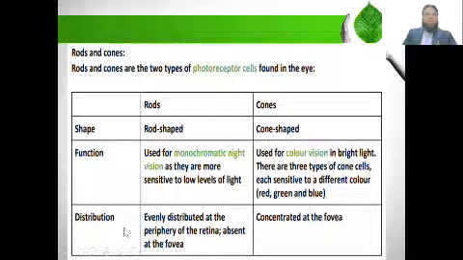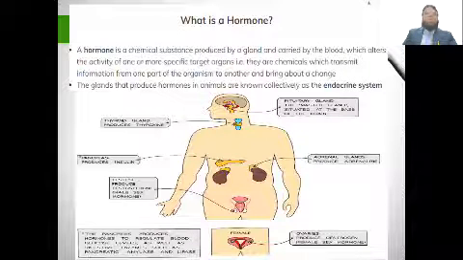As for distribution, rod cells are evenly distributed at the periphery of the retina and absent at the fovea, but the cone cells are concentrated at the fovea. So this is the comparative study of the rod cells and the cone cells.